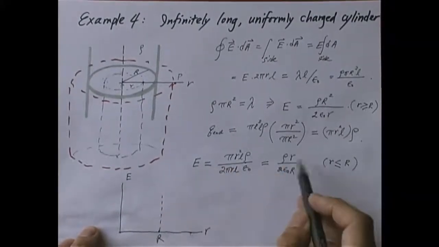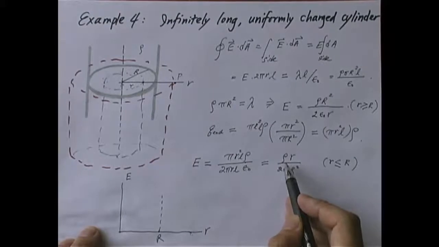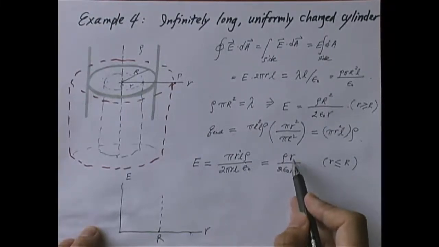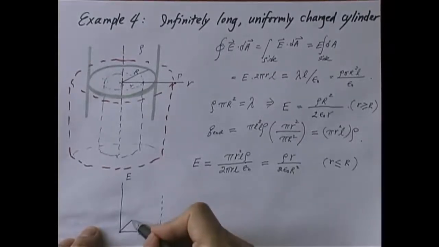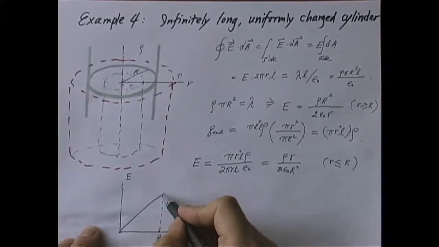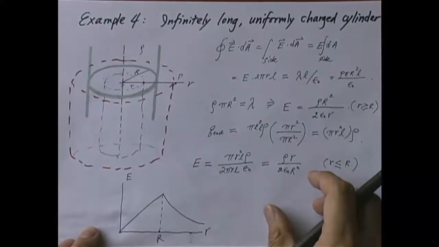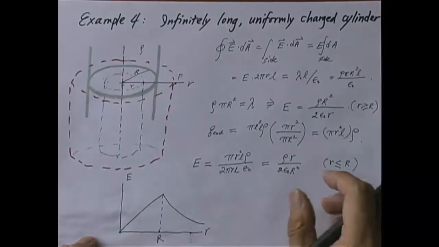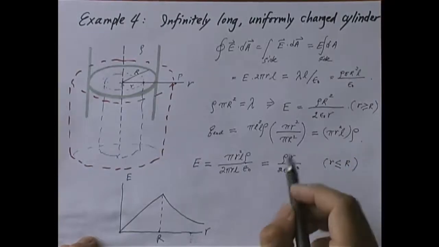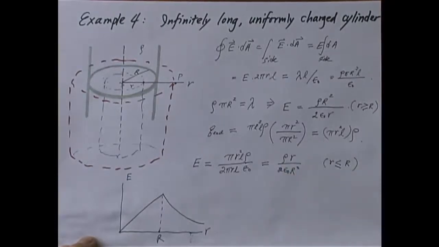But once you're inside, just like the case of a uniformly charged sphere, you're going to get a linear electric field. It goes like r to the first power, so it goes like this. Linear, and then 1 over r. That is the case of an infinite long uniformly charged cylinder. We are able to find the electric field without too much hassle in our calculation.